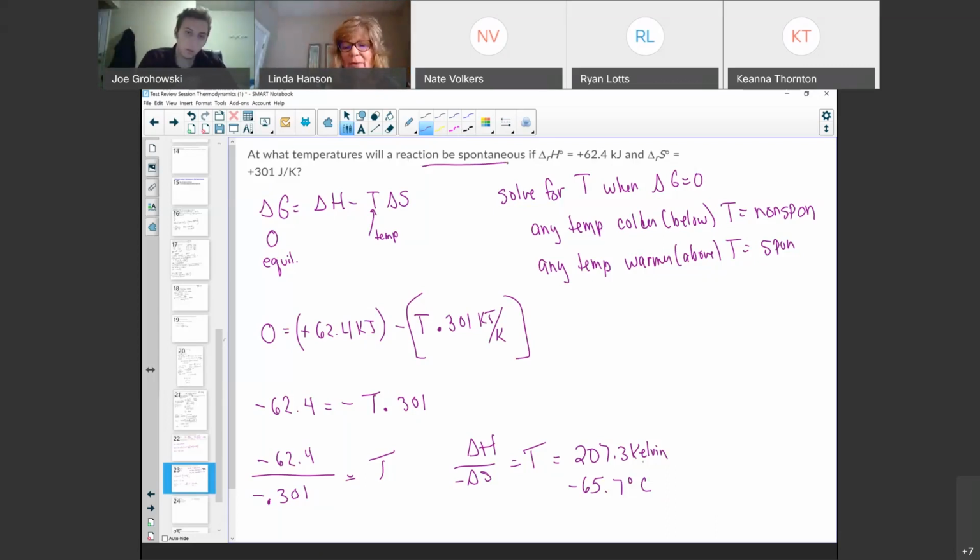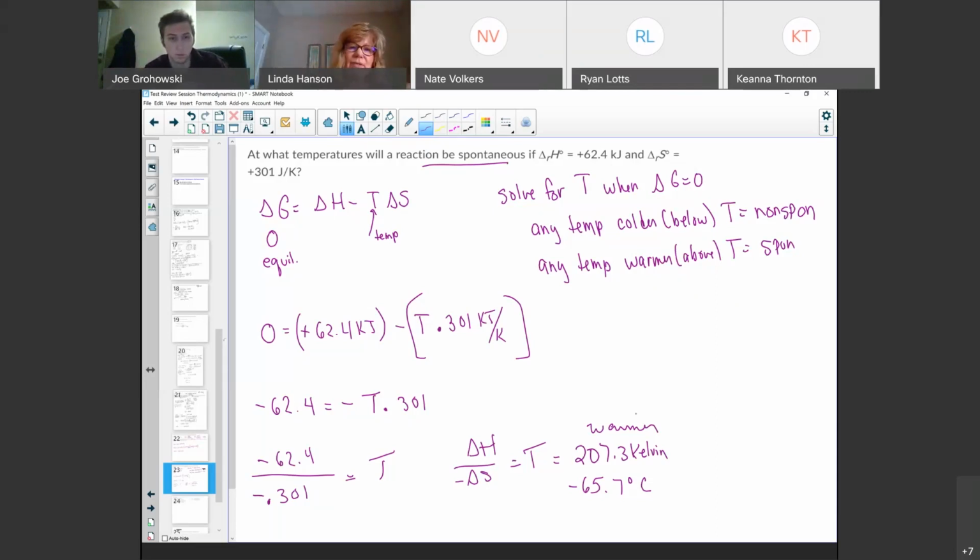It's going to be any temperature that's warmer than 207.3 Kelvin or warmer than negative 65.7. If the question had said, when will it not be spontaneous, you would look for any temperature that's colder than that particular temperature. And if they asked, when is it at equilibrium, then of course it is that exact temperature.